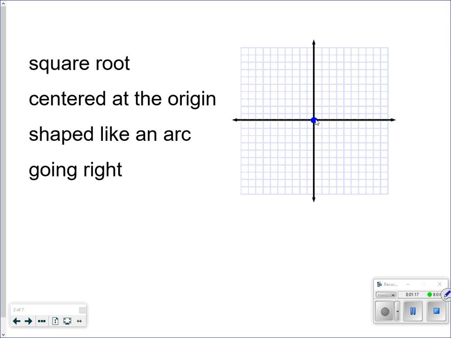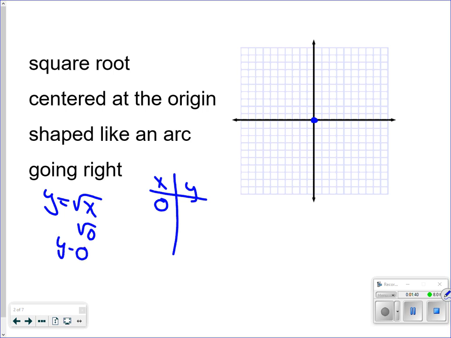So if we were to look at some points, if I were to make just a really teeny little table, and I let x equal 0, here's my equation, and I'm not going to use any h or any k for right now. If I were to take out x and put in a 0, what is the square root of 0? Still 0.